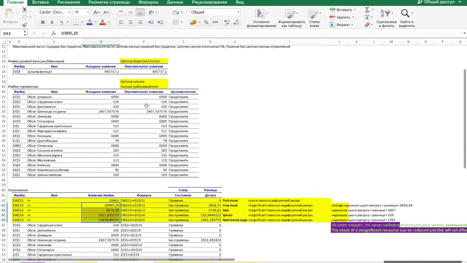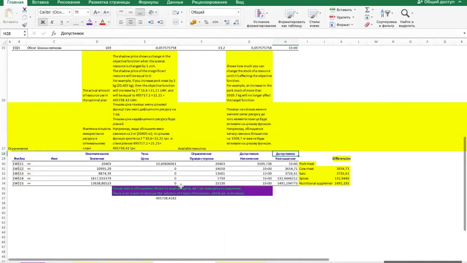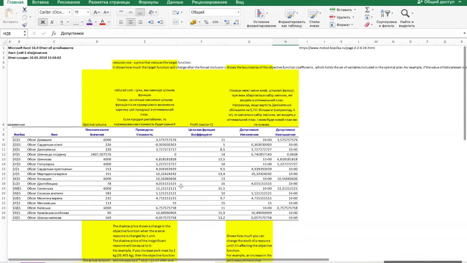Okay, it is the first sheet which we need to describe, and the next is our sheet about sensitivity. Sensitivity means that we will talk about the boundaries or limits in which we can change the objective coefficients from our objective function.